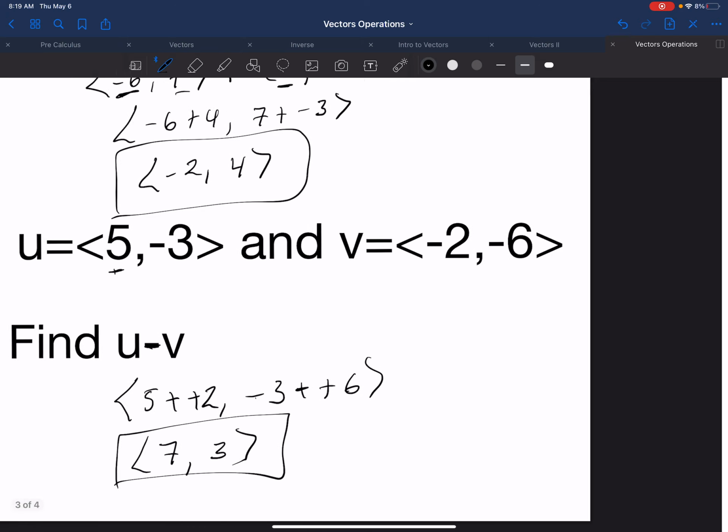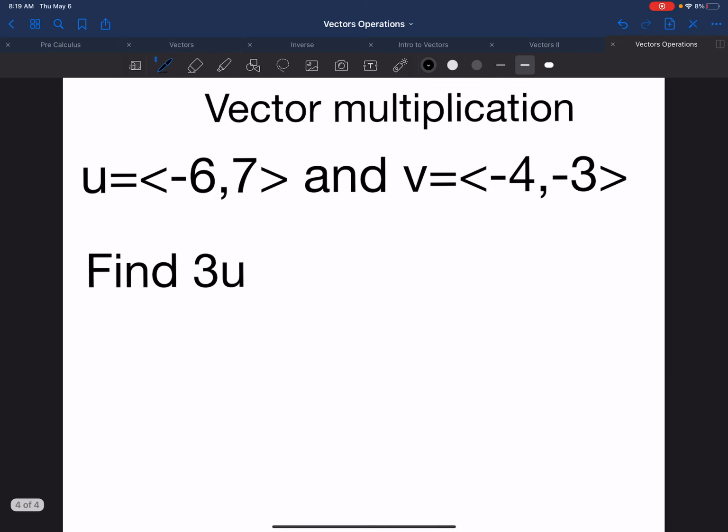Going to the last operation, which is multiplication, also called a scalar. So basically all you're doing is multiplying your vector times a number. Basically what this will do, it will not change the direction of the vector, but it will make it either longer or shorter depending on the number.